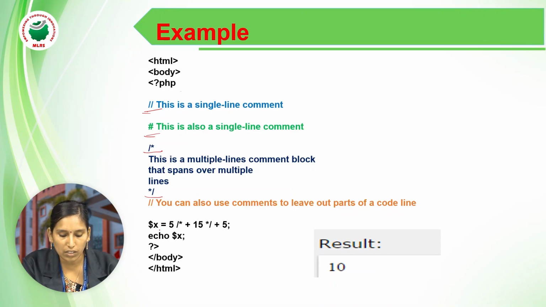Here you declare the variable x and assign the value 5 plus 15 plus 5. Echo $x and close the PHP, close the body and close the HTML. So here the result is 25. For this statement, you get the result.